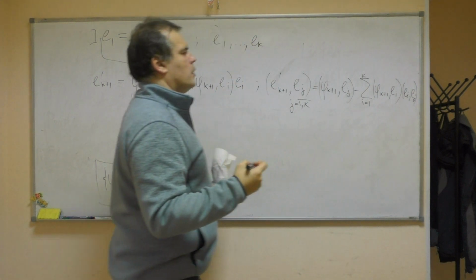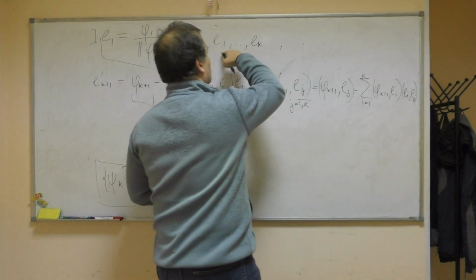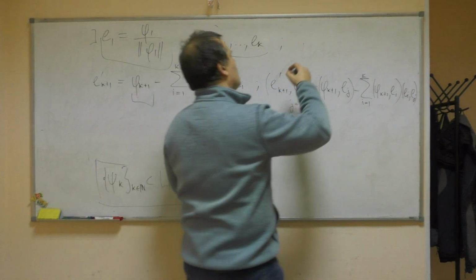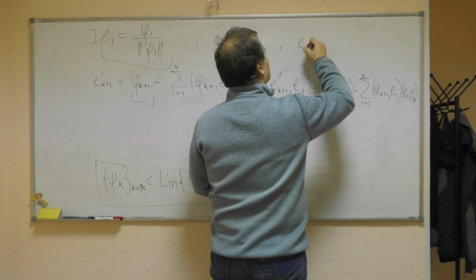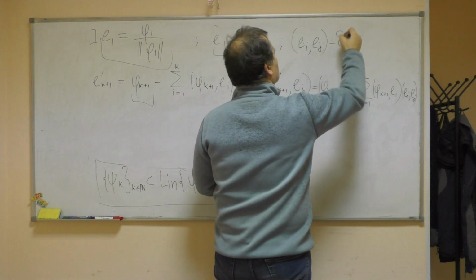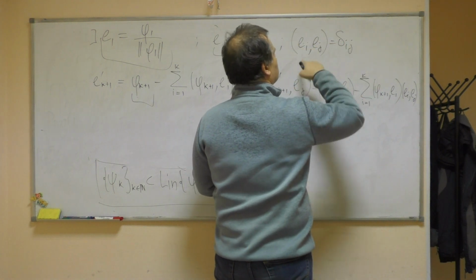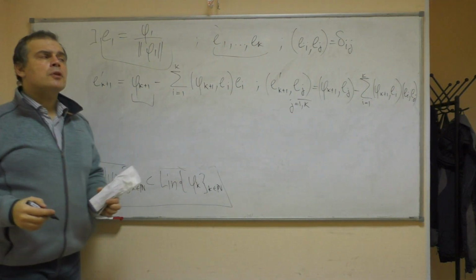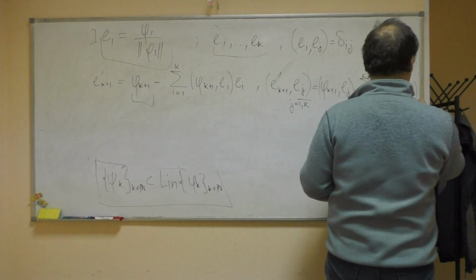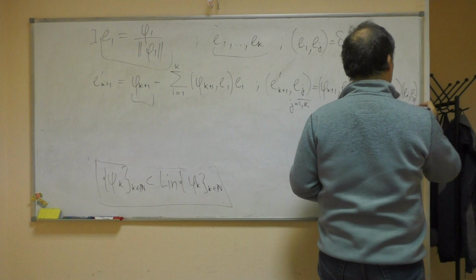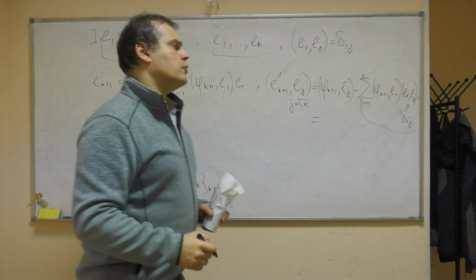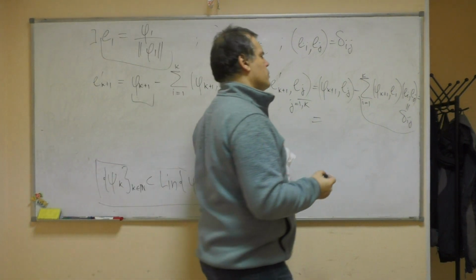And sorry, I forgot to mention that our first vectors are already orthonormal. So this system, ei multiplied by ej, gives the Kronecker symbol: 0 if i and j are not equal, and 1 if they are equal. So here we have the Kronecker symbol, and all terms here are equal to 0 except one, when i is equal to j.